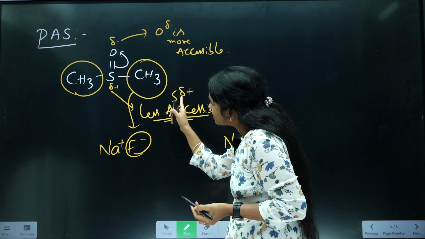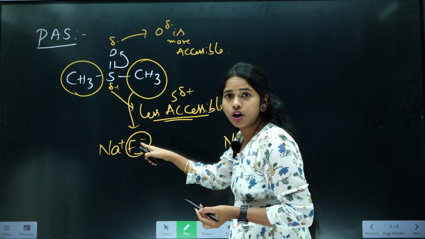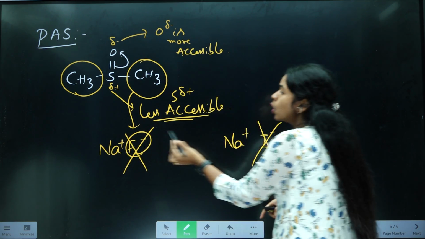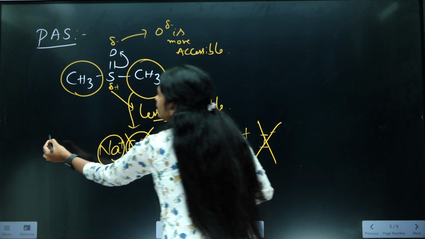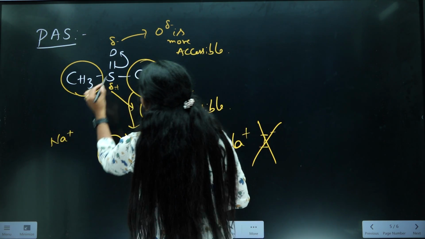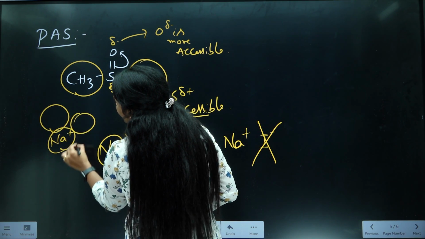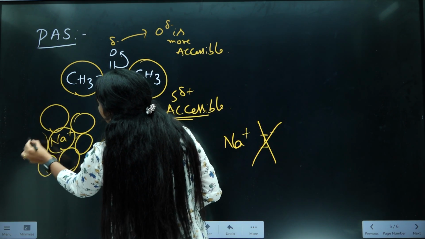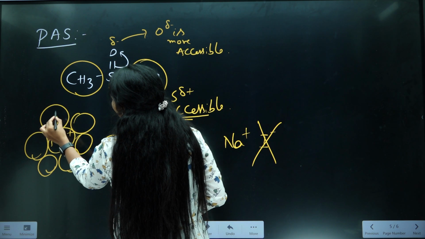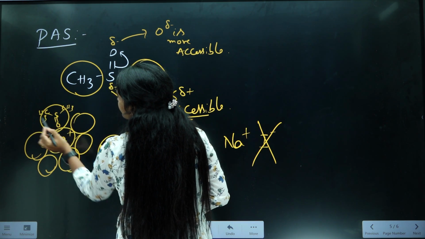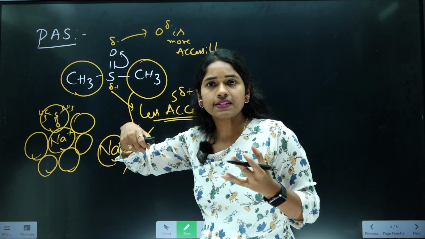So this S plus can't come and do hydrolysis of this F minus or I minus, Cl minus. Only the positively charged Na plus is surrounded by the oxygen of dimethyl sulfoxide, DMSO. See, this oxygen comes here, sulfur with two methyl groups like this. That attack takes place in such a way.